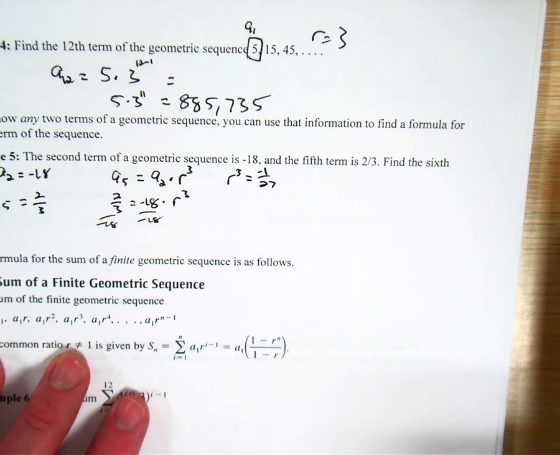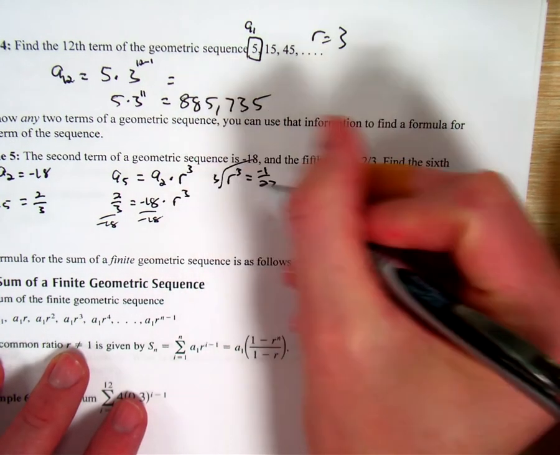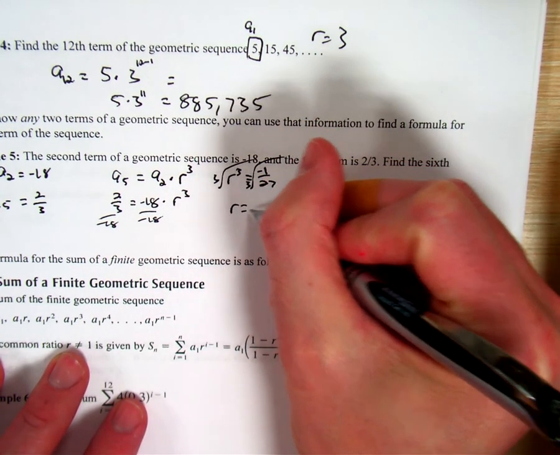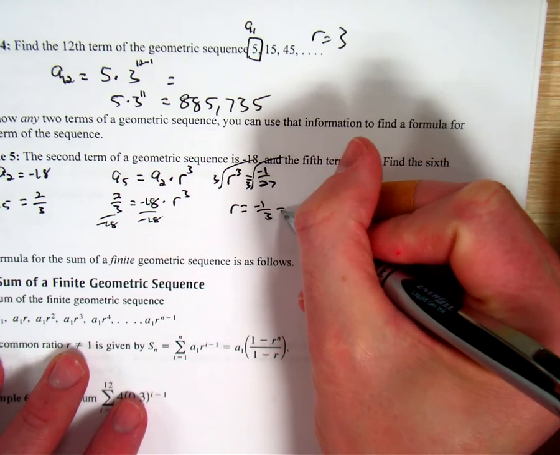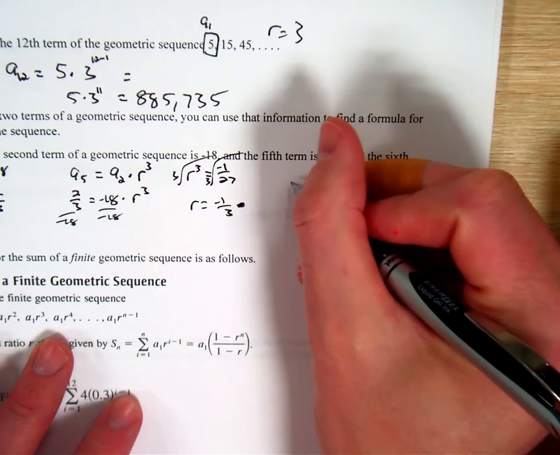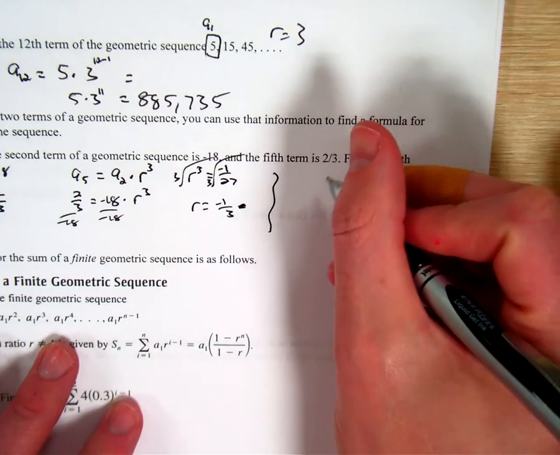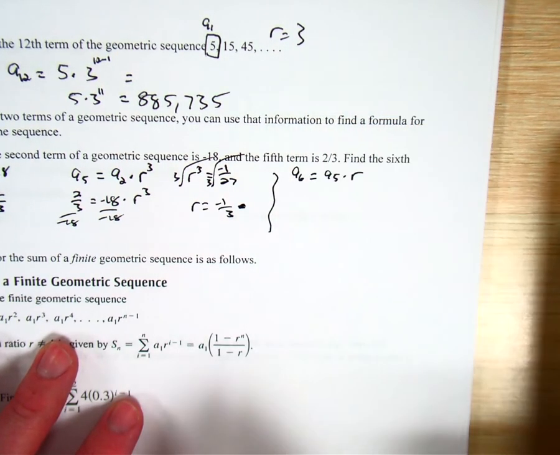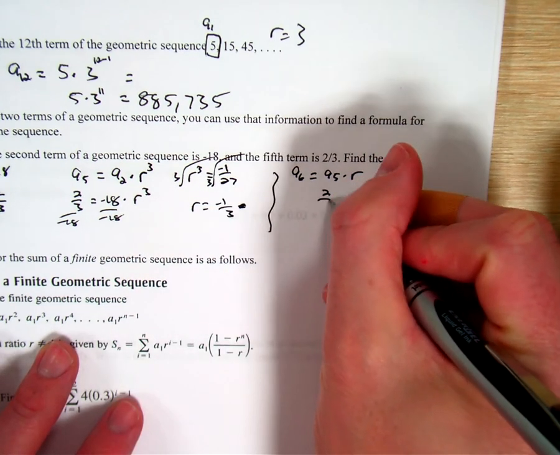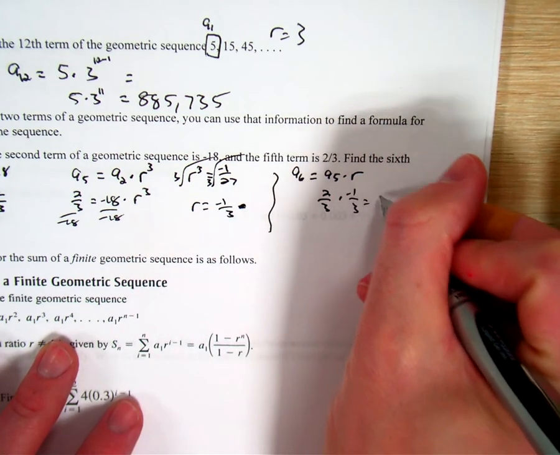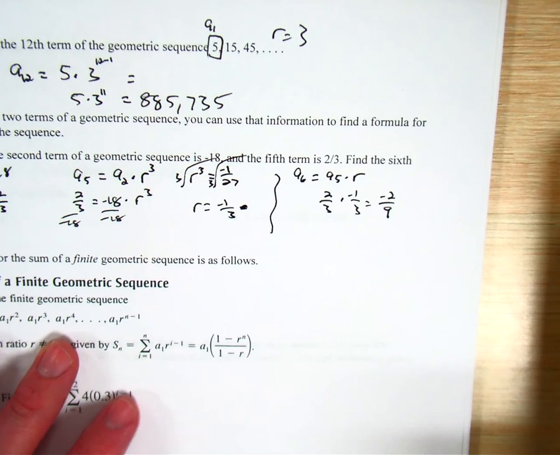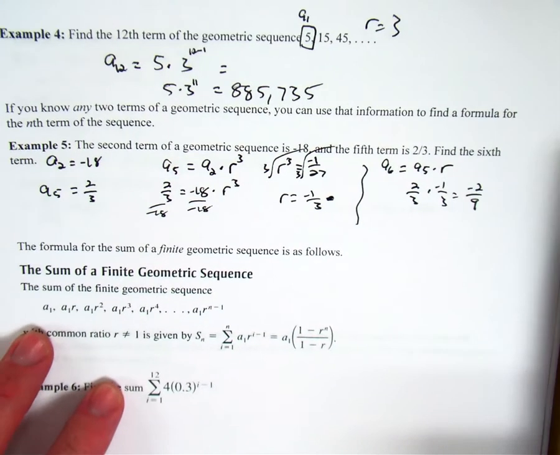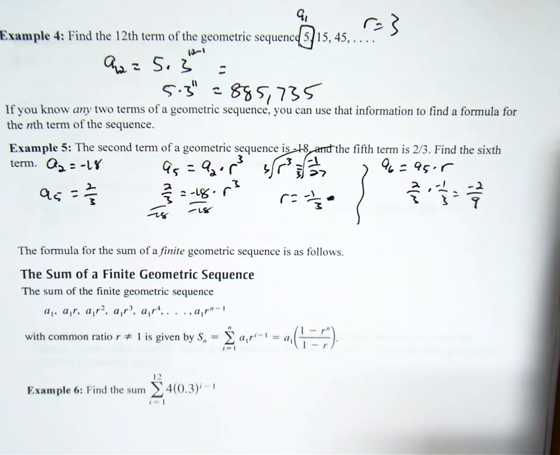And if we cube root that, we should get negative 1/3 for our R. And now we can just take that R and apply it to A5. So if we take 2/3 times negative 1/3, negative 2/9.